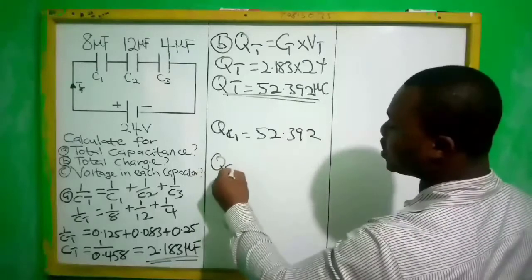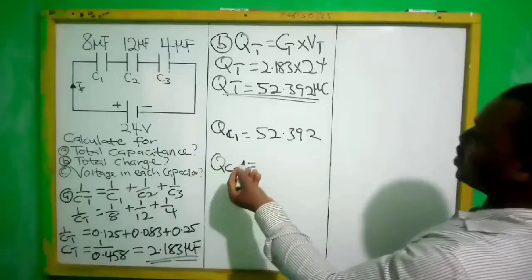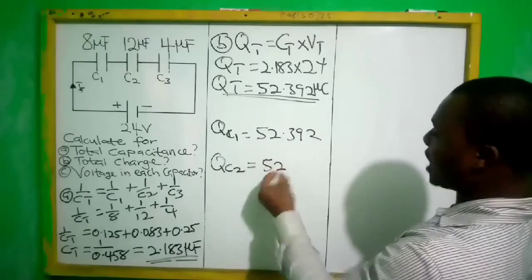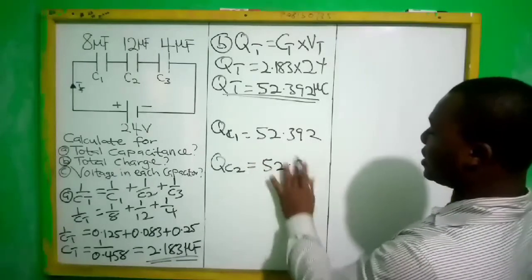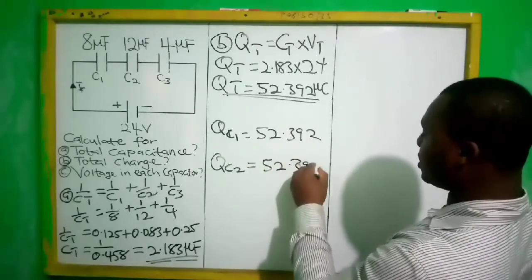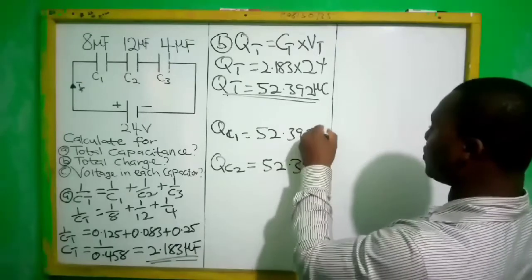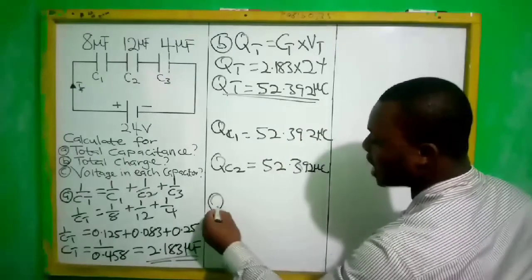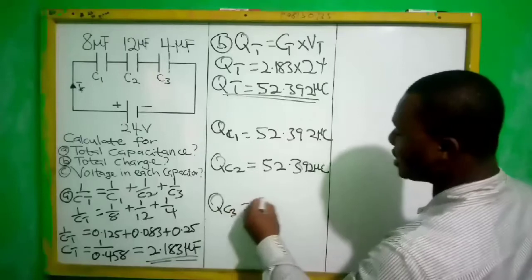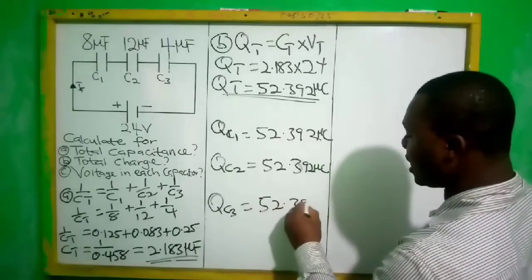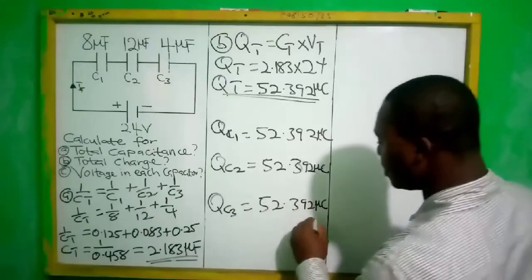Charge in C2 is the same thing, 52.392 microcoulomb. And charge in C3 is the same thing, 52.392 microcoulomb.